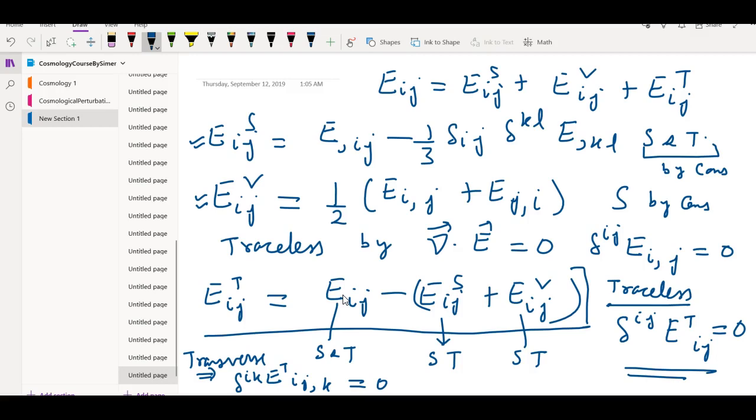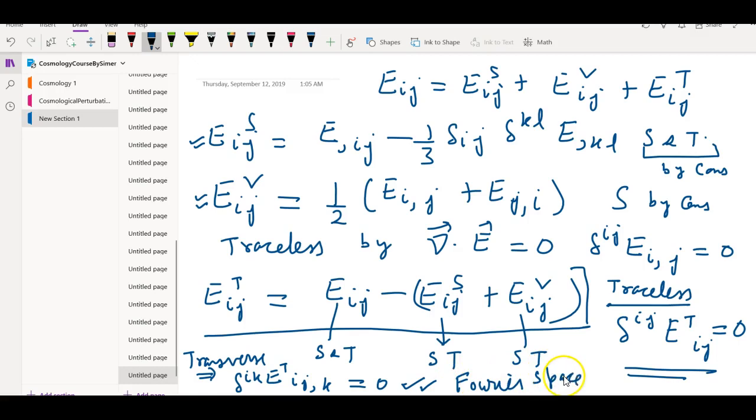We want those gravitational waves in the expanding universe, and in order to get the components of gravitational waves in the expanding universe, we need this constraint.